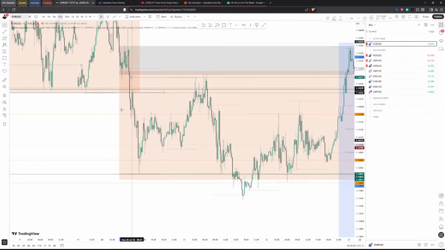So we actually sweep the ITH. We can know that on the 50-minute time frame. Sweep it, close below, come back up, sweep again, bam, equal highs here, which is the high range, which is the equal highs of black, Asia session highs.